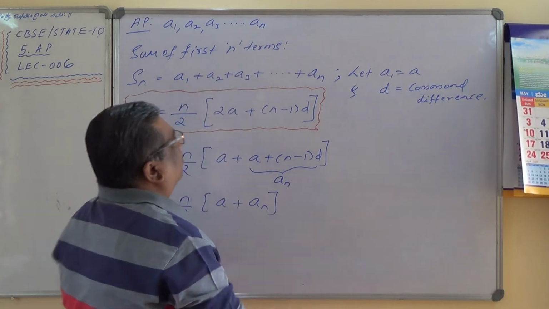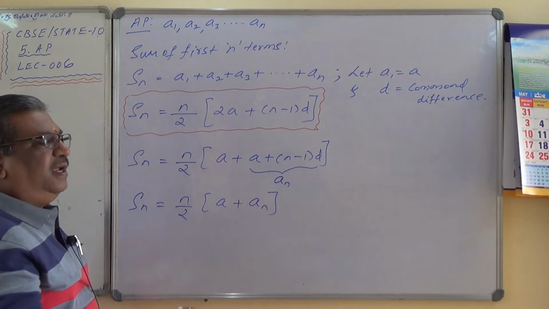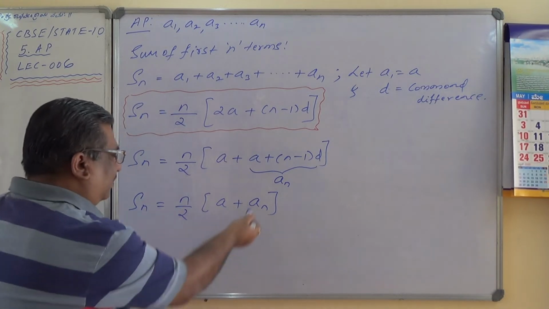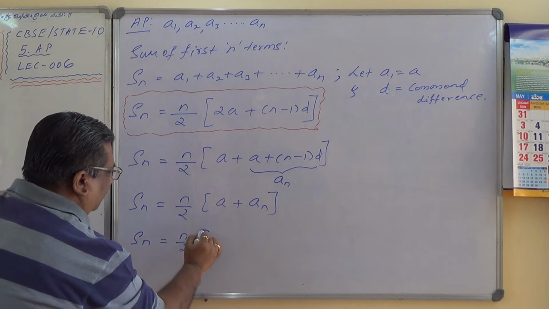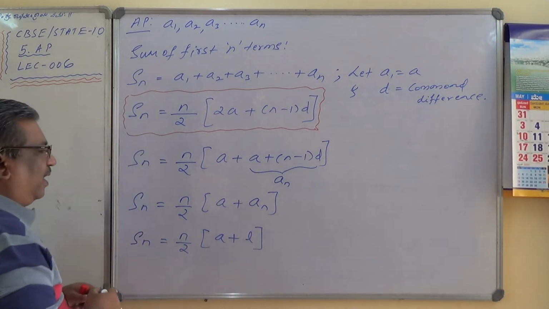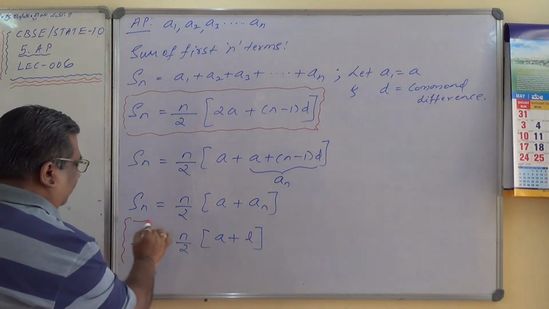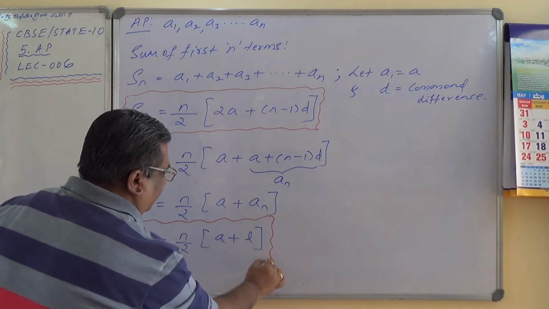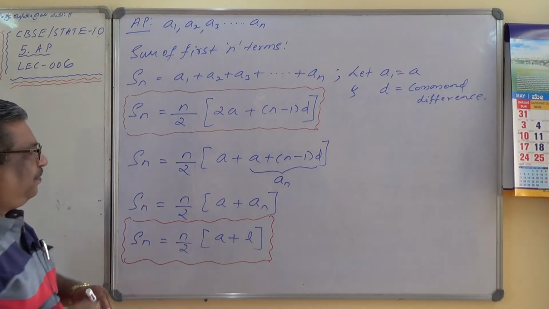Is it not a last term? Sometimes the last term is represented by am or l, and therefore the same formula I can write as Sn is equal to n by 2 into bracket a plus l over here. And this is one more important formula which we have arrived at, which you have to note down. Here l is nothing but the last term.